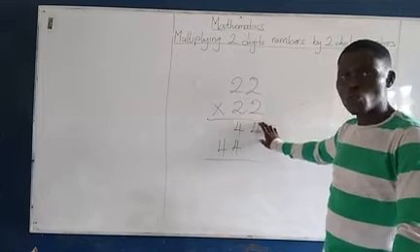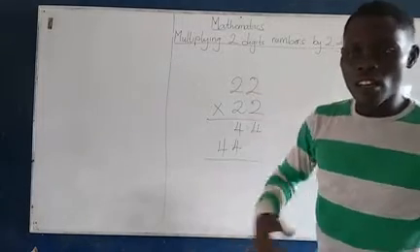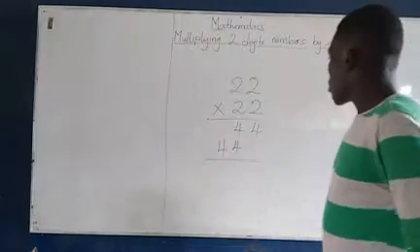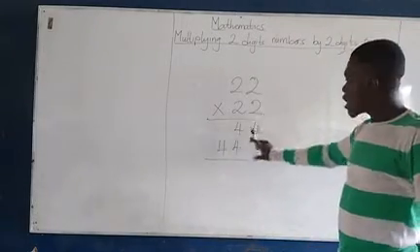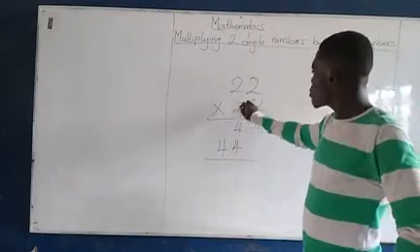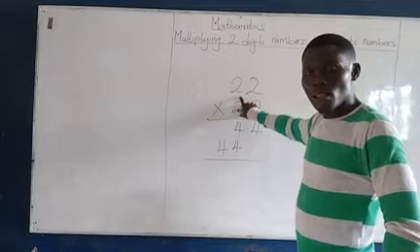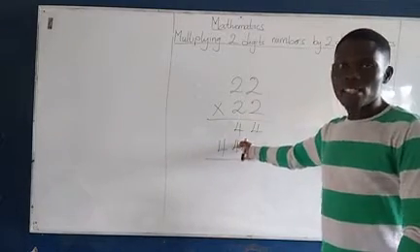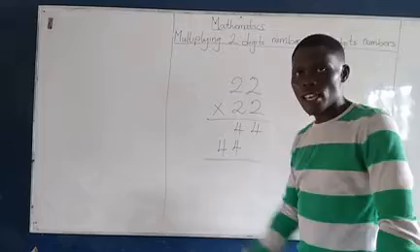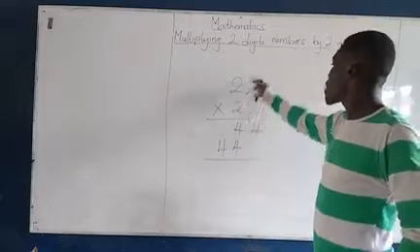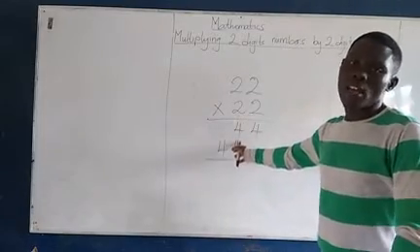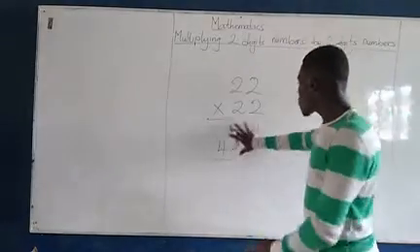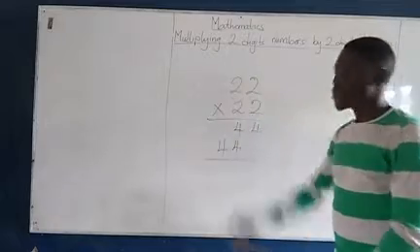That's why we wrote the answer, starting from the ones column or the ones place. Now the second answer starts from the tens place. So you have to write the answer right under the second question. And it says 2 by 2. So you come and write the answer down. Now we are done with multiplying the two factors.